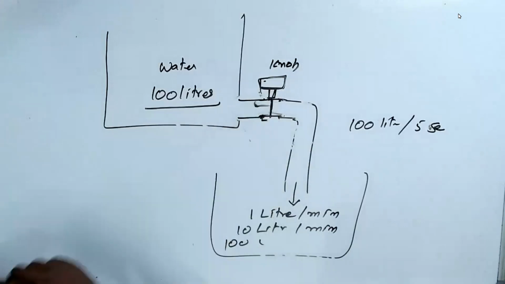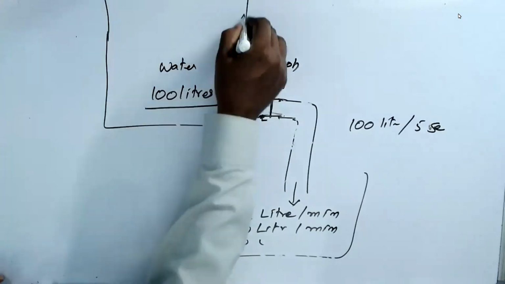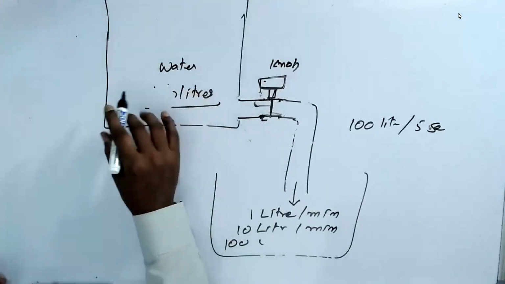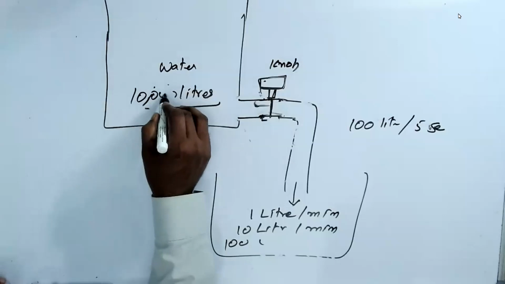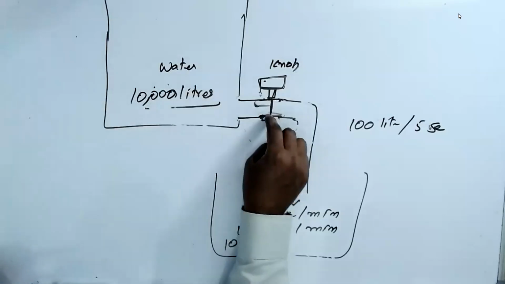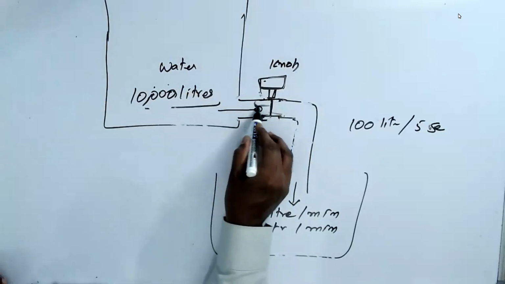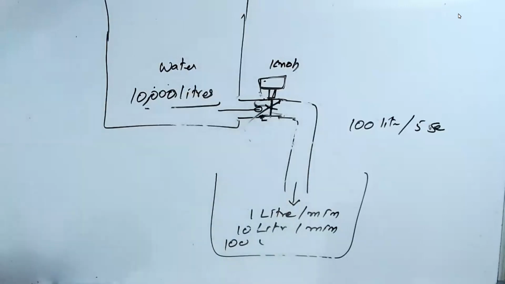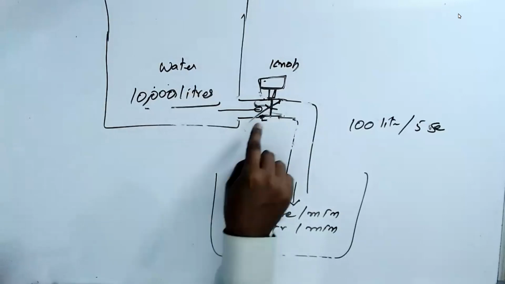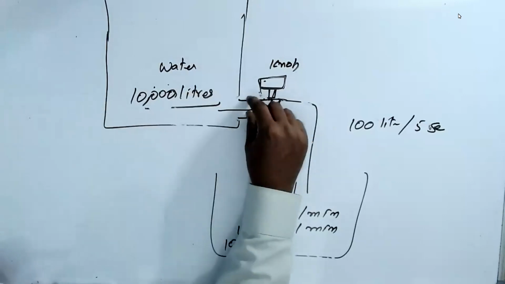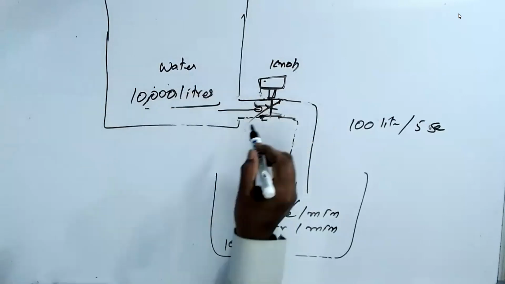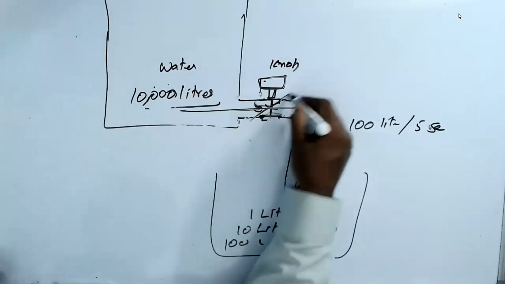Now, if I have a very big water tank, instead of 100 liters, about 10,000 liters, and they have a small knob, what will happen? This water will give so much pressure that the knob will be broken. So understand the pipe. If you are given a small pipe with 1,000 liters, then when the water comes here, the pipe will be broken.